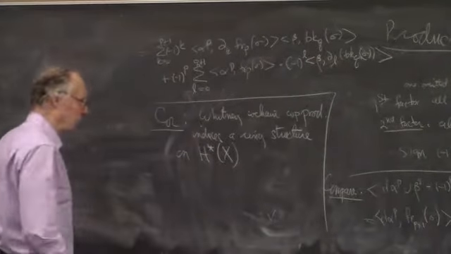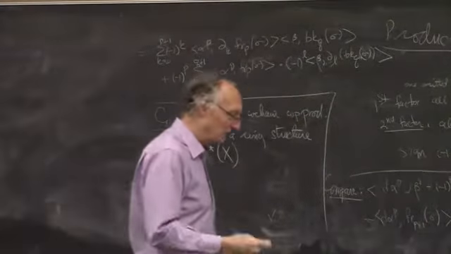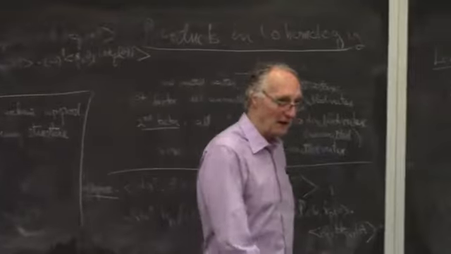So the ring structure on the cochains passes to a ring structure on the cohomology.